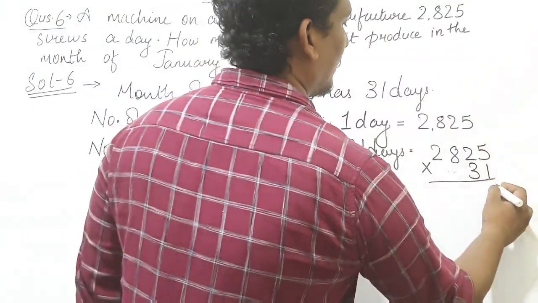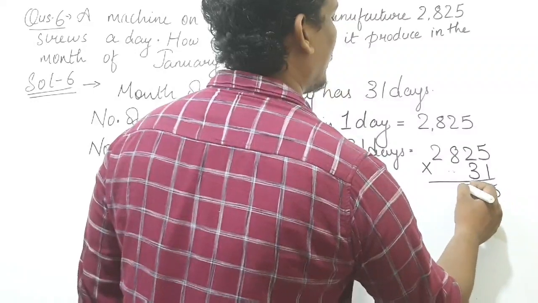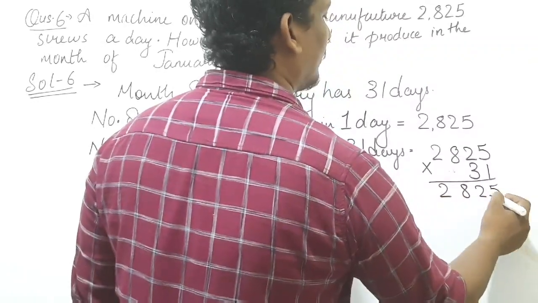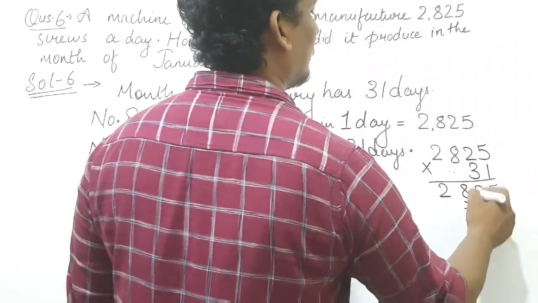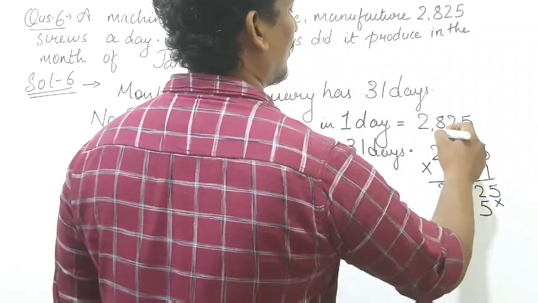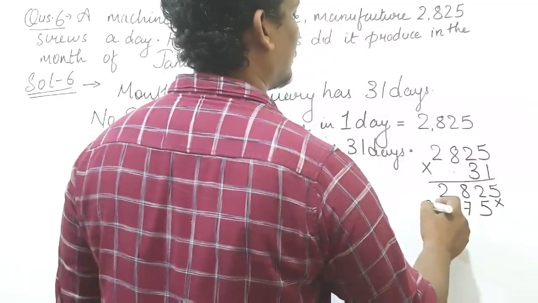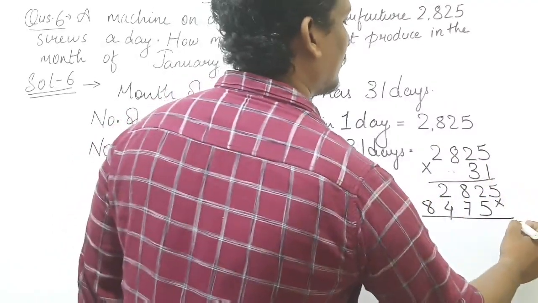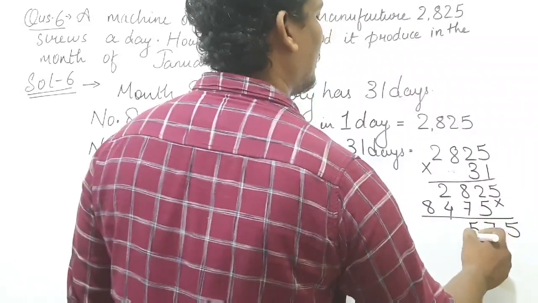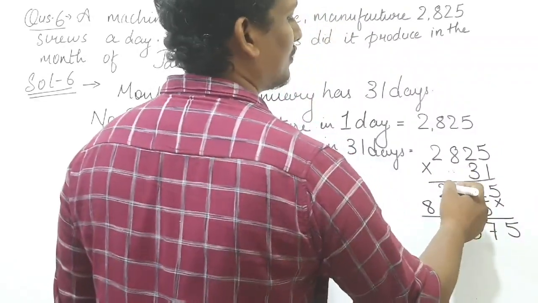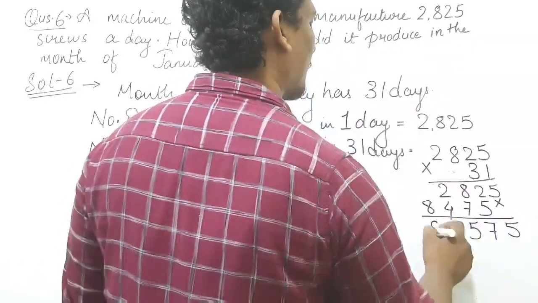1 5 is 5, 2 5s are 10... 1 carry, 3 plus 6 plus 1 is 7, 3 8s are 24, 6, 7, 8, 5, 7, 8 plus 5, 7 is 15, 1 carry, 4 plus 2, 6 plus 1, 7.